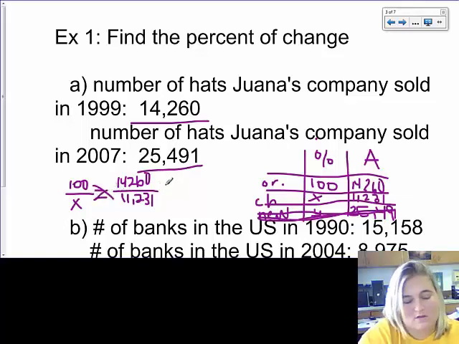So that gets me 1,123,100, because I multiplied those two, and that has to be equal to 14,260 X. So I have to divide on both sides by 14,260.